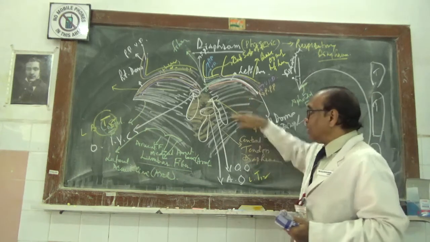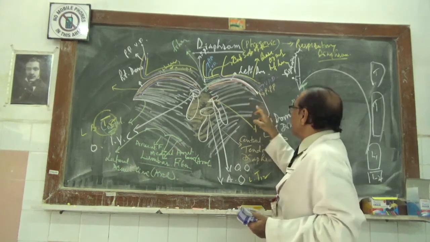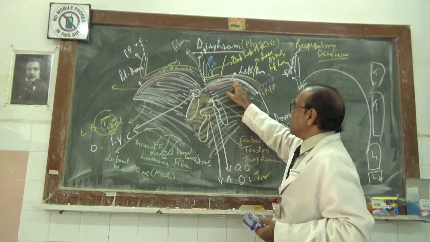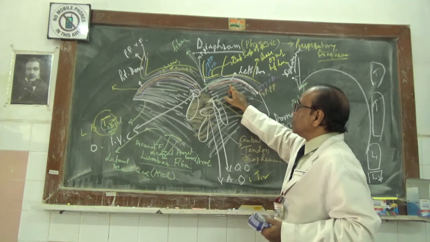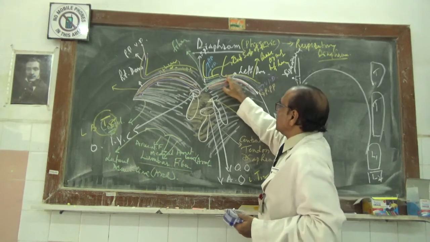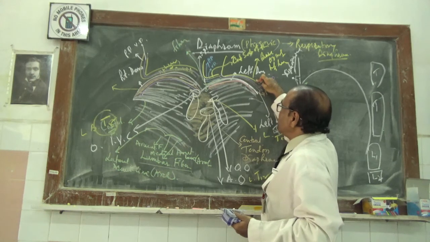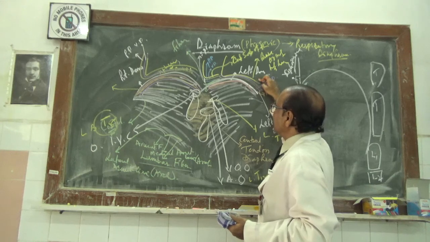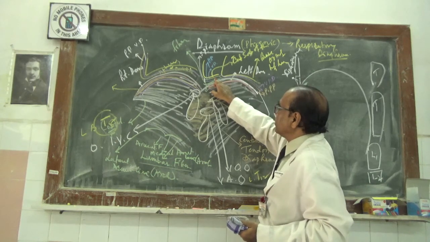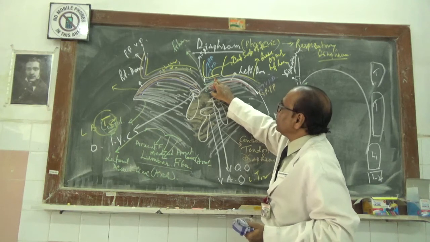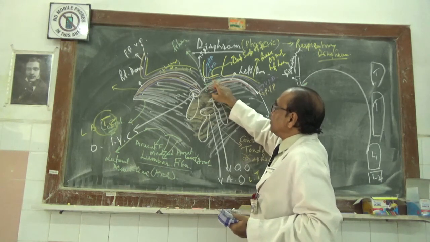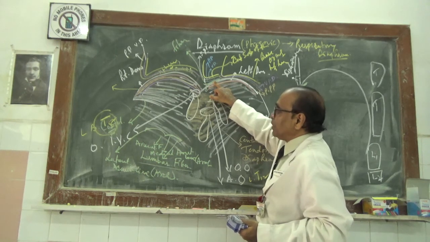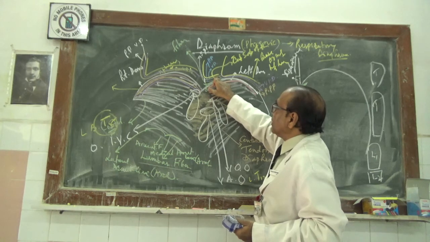Then on the left side, you know already that the left dome of the diaphragm is separating the parietal pleura and the parietal and visceral peritoneum, from the base of the left lung, the parietal and visceral pleura, as well as the fibrous pericardium and serous pericardium.